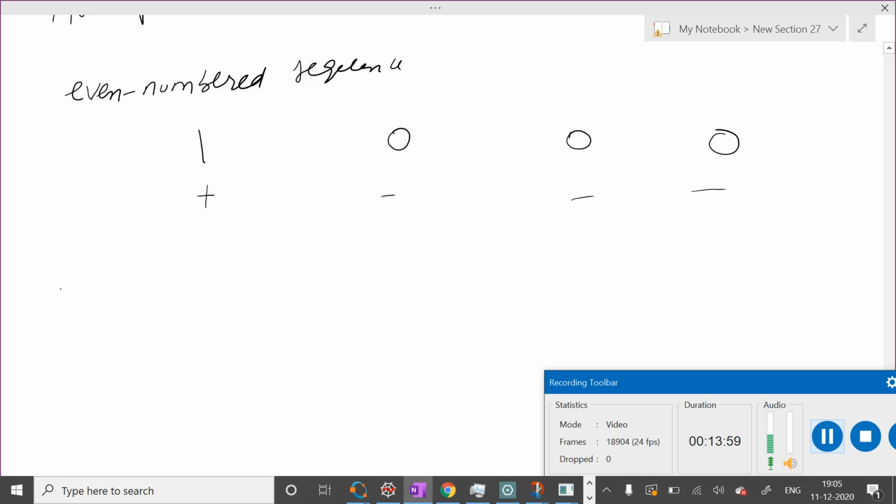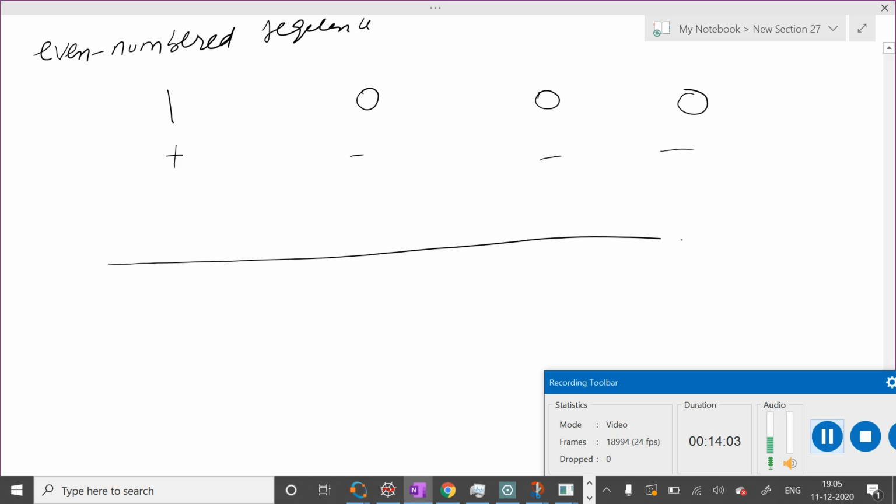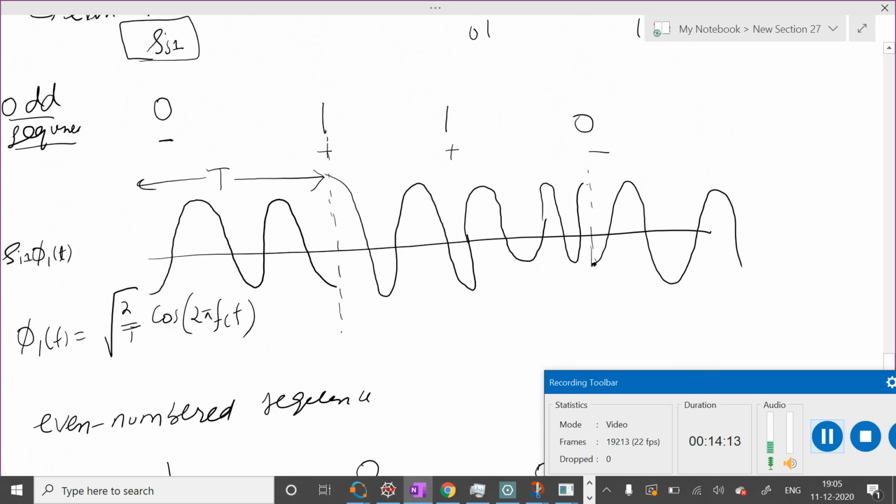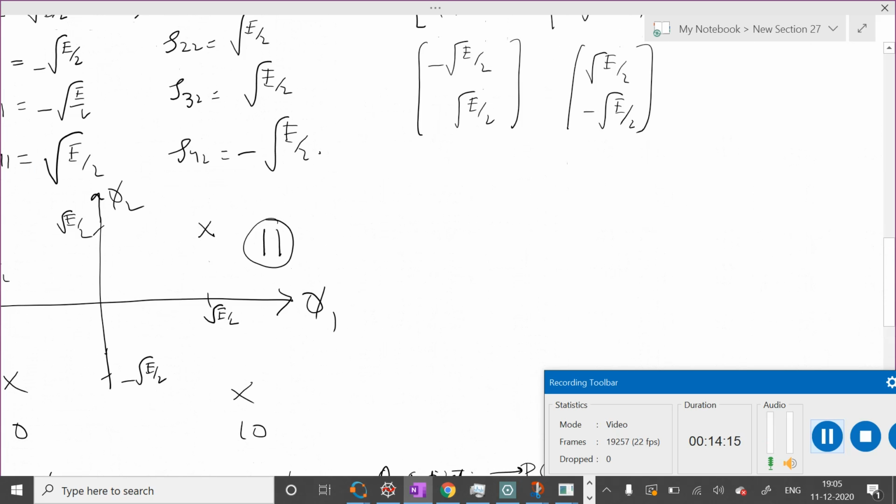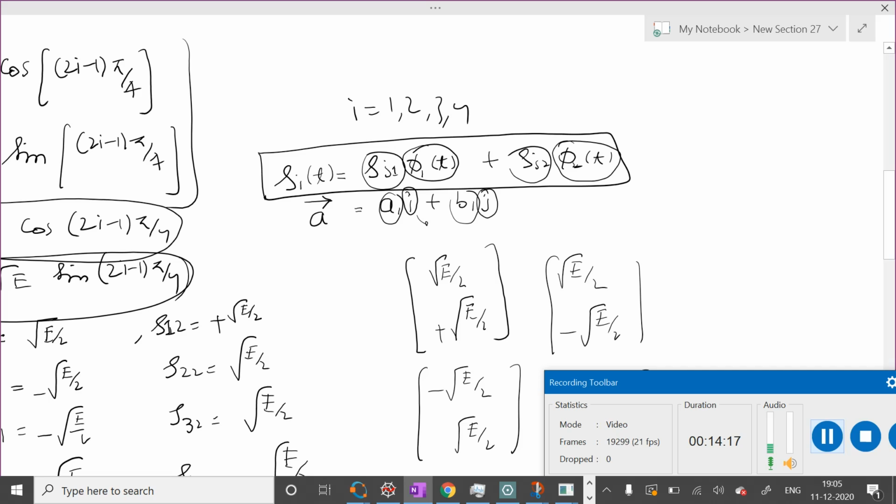But now we will plot its waveform on this axis, and even bits are represented by the second part, that is Si2 phi2 of t. I will take you back to that. There should not be any confusion in this. So look at this equation back.